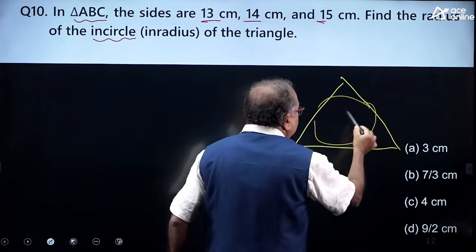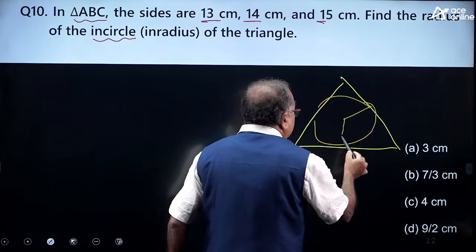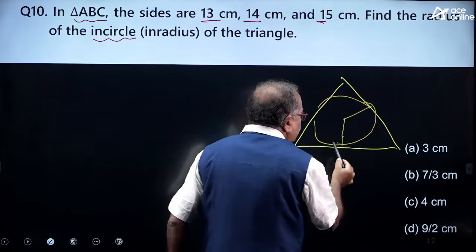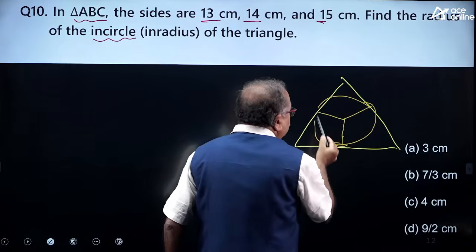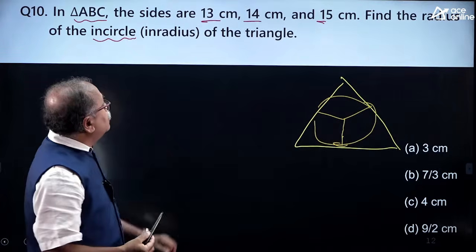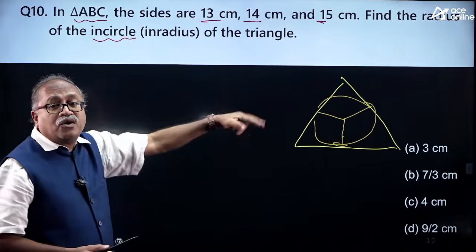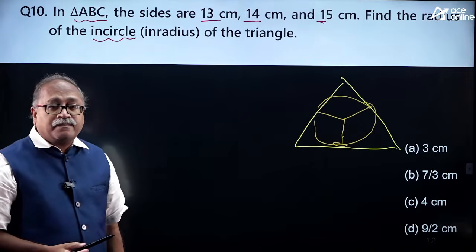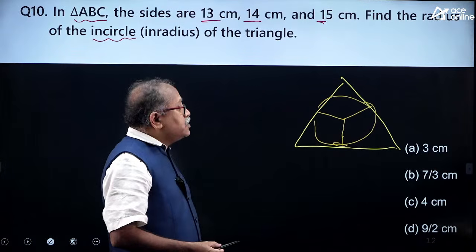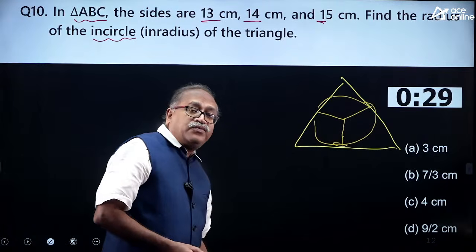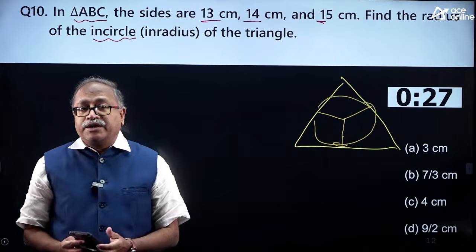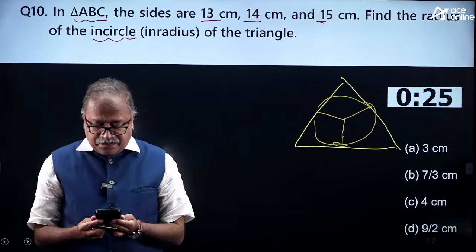We call it as incircle. This is a radius, this is a radius which touches to the bottom, and this is a radius. So, it is asked that find the radius of the incircle. So, if you know it, answer. If you don't know, you are going to learn it. Just wait for some time.